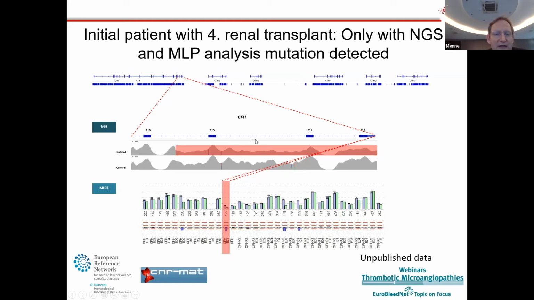And this explains completely why he had such a severe disease, because the crucial element of CFH was lacking on one gene. So this is a good explanation. So you should always, every 3 to 4 years, in patients where you find no mutation, repeat the genetic analysis, because genetics is evolving quickly and the technique is getting better and better.